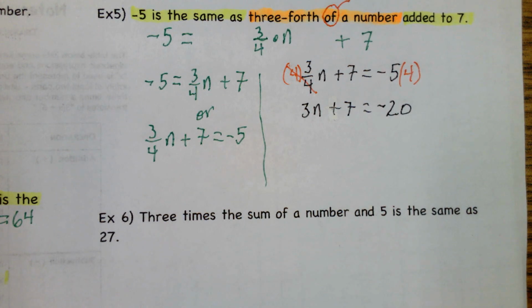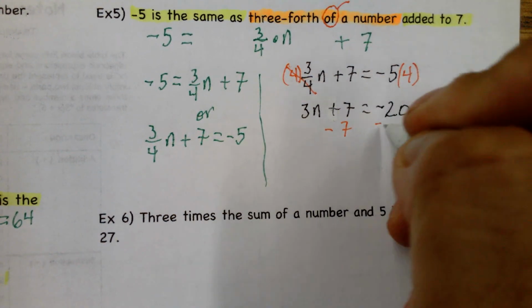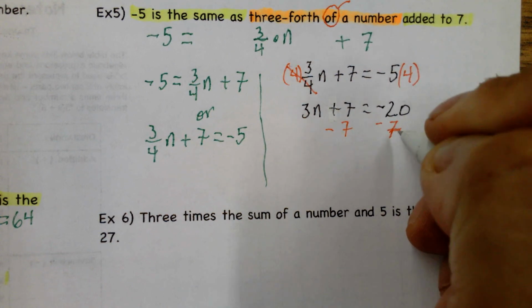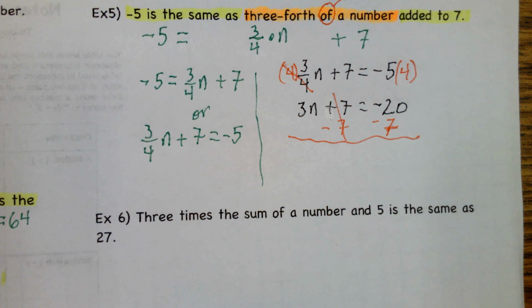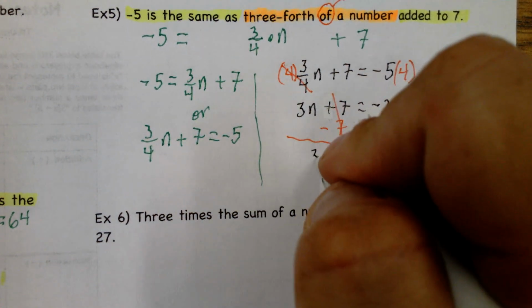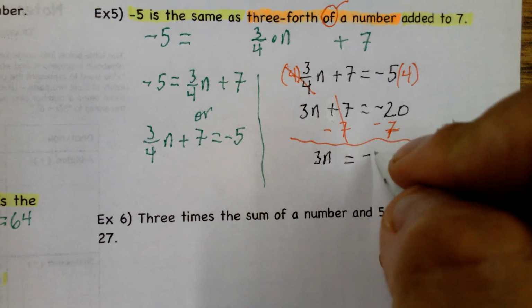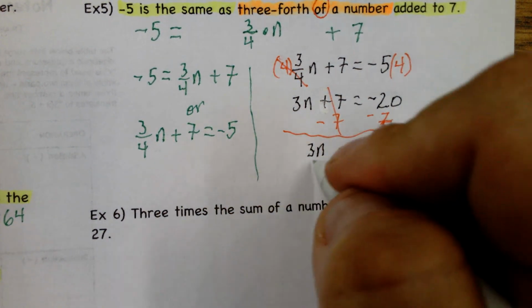Okay. Let's get rid of the plus 7. So let's cancel that out. I got 3 times n equals negative 27. Let's divide away 3.